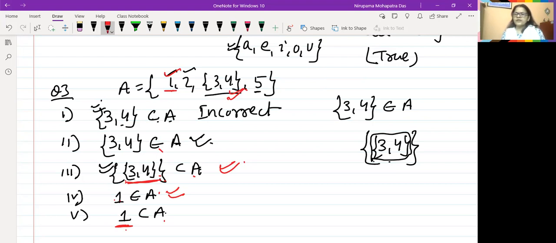Whenever we take subset for two sets A and B, A is a subset of B if every element of A is an element of B. So when we say A subset of B, A should be a set and B should be another set, and every element of A should be an element of B. I'm sure you are getting the concept.